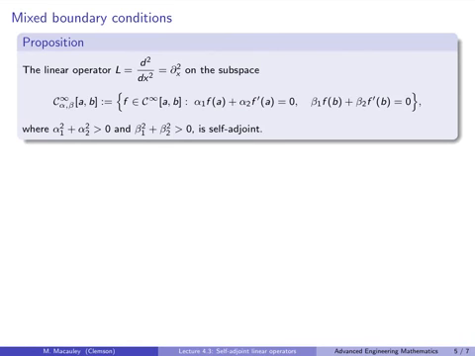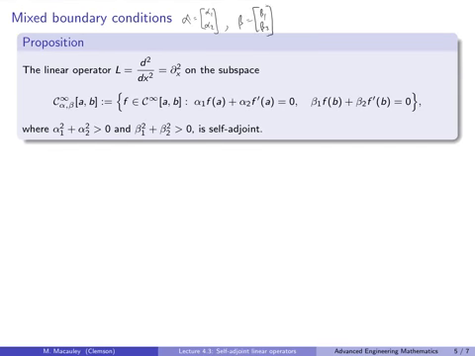Here's our next example. This is going to be more general than the two previous examples. So the linear operator, we're going to use the same one, L, the second derivative operator, but now we're going to look at the subspace. I'm going to call it C infinity sub alpha beta on AB. So alpha and beta, before I mention what the definition is, alpha is a vector, alpha 1, alpha 2, and beta is a vector, beta 1, beta 2.